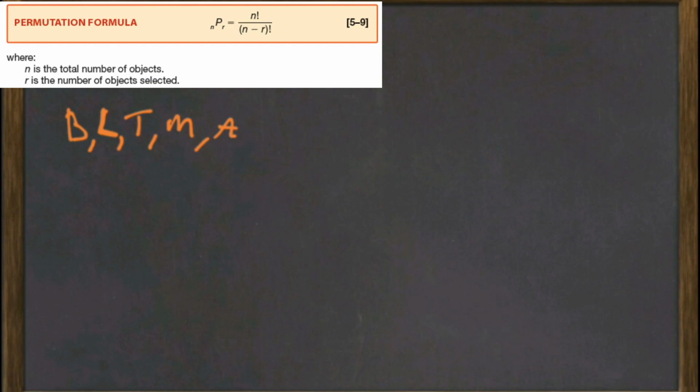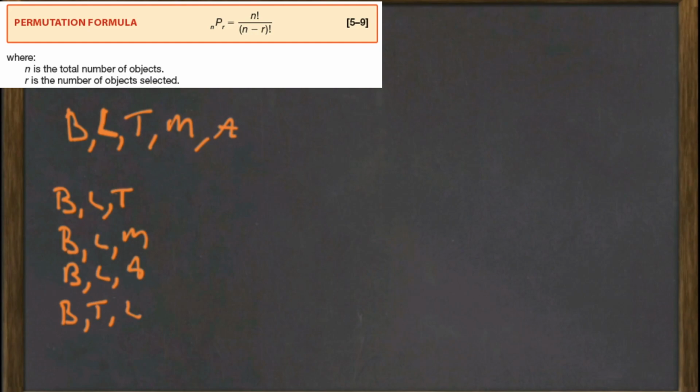Okay, and so how many different 3-item sandwiches could we make? Well, again, we could make BLT, but we could also make BLM, BLA, BTL, right? We could list all these out again, but it's going to get quite cumbersome, and so let's develop the math a little further to take into account that we're only going to use 3 of these.